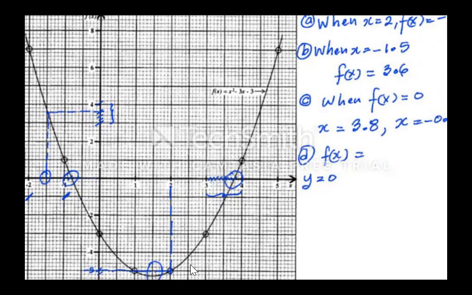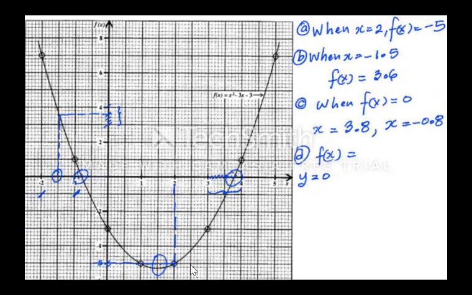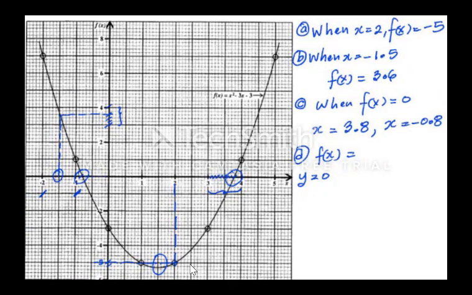So my answer would be f of x is equal to minus 5.3 is the minimum value of f of x.